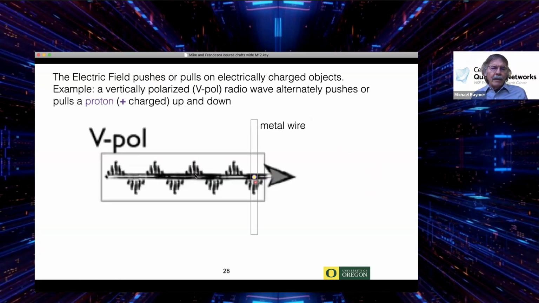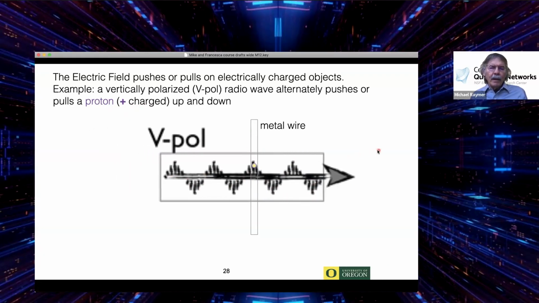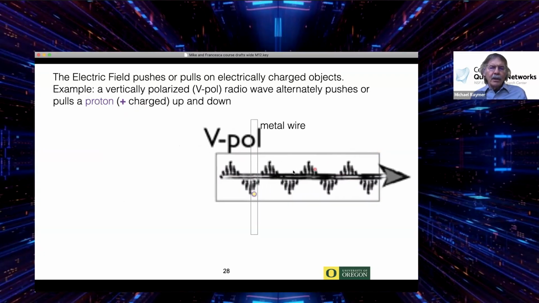And here's an example. This is a metal wire that's in the vertical direction. Here we have a light wave that's coming in. I'm showing its oscillation in the up, down, or the vertical position. Now, if I have in this metal wire a proton, which is a positive charge, and it's able to move up and down inside this wire, then as I move the light field through it, the proton is pushed in the same direction that the electric field arrows, these little tiny arrows here, are pushing it, okay?